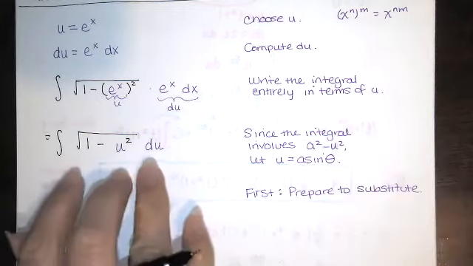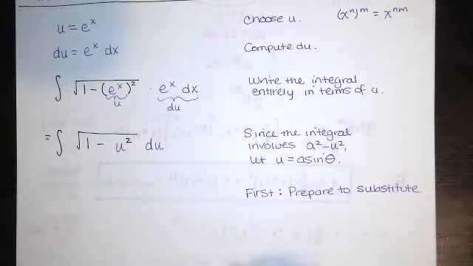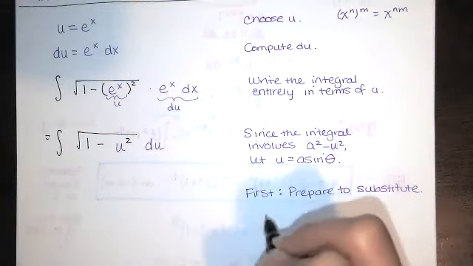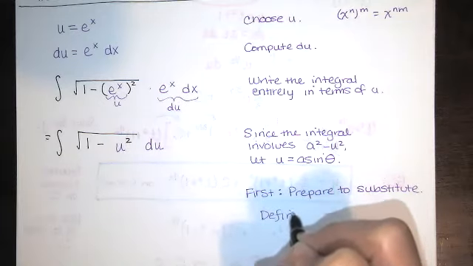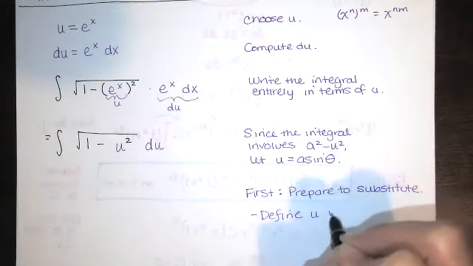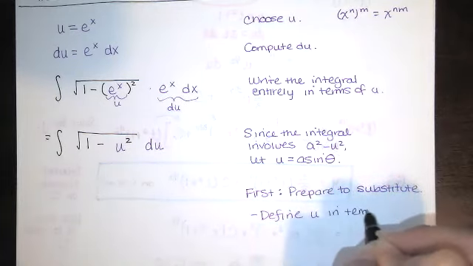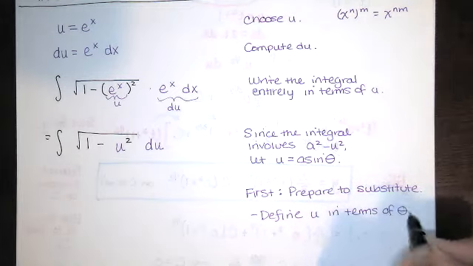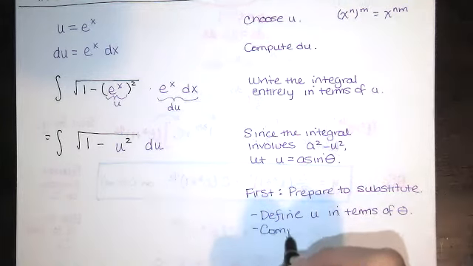So we're going to write everything here entirely in terms of theta. You're going to define your u in terms of theta. You want to compute du in terms of theta.